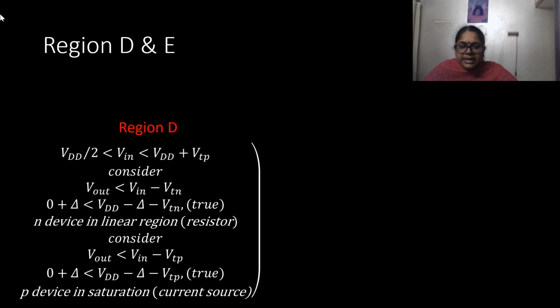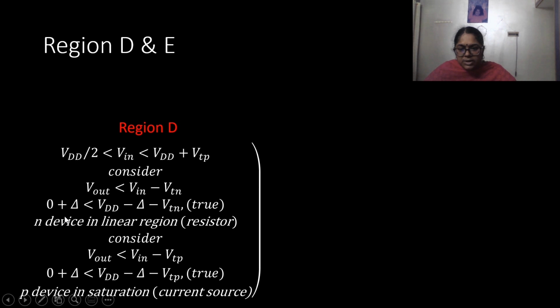Now region D is considered when the input voltage is between VDD by 2 and VDD plus VTP. When Vin ranges between these two voltages, then it is region D. Now we consider the condition Vout less than Vin minus Vtn. So when region D occurs, we know that the output is almost nearer to 0.